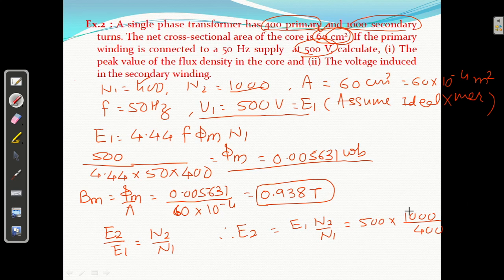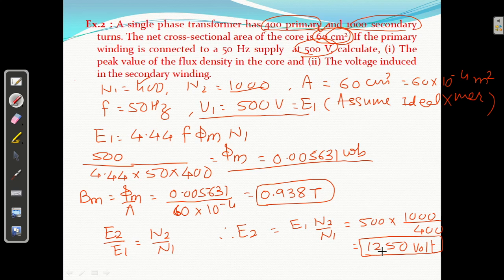So you can get it 500 into 1000 divided by 400. So I am getting 1250 volt.